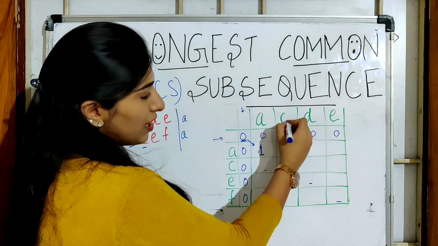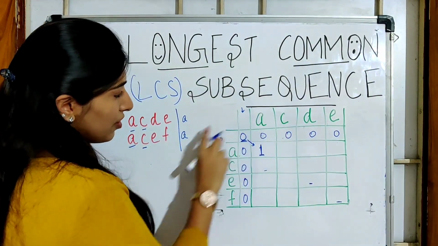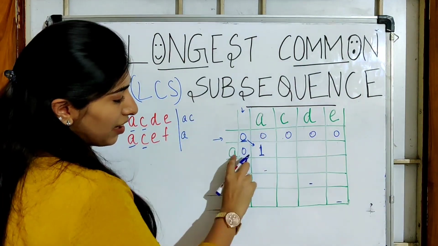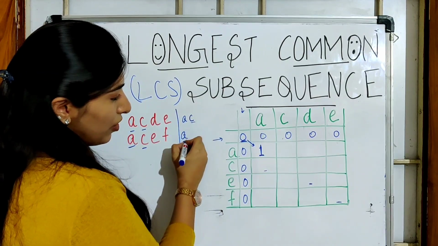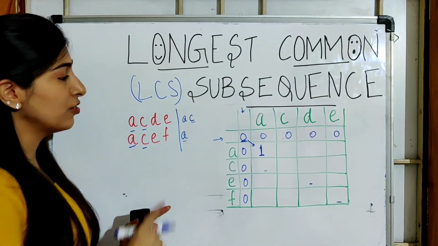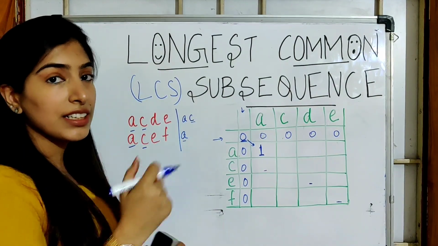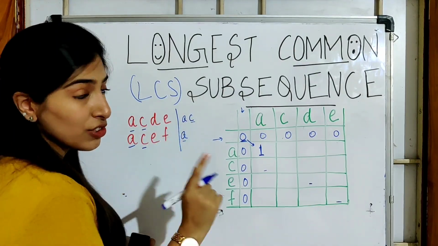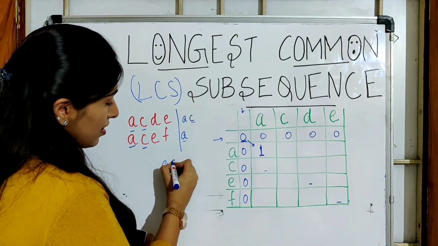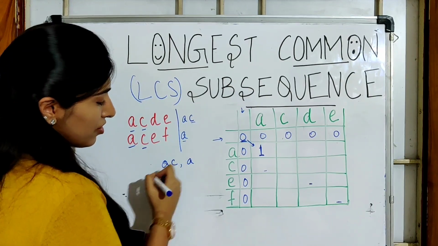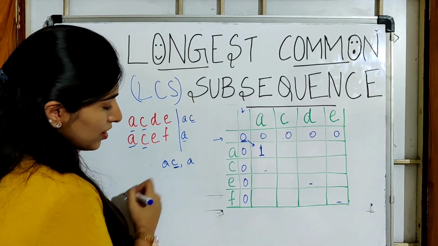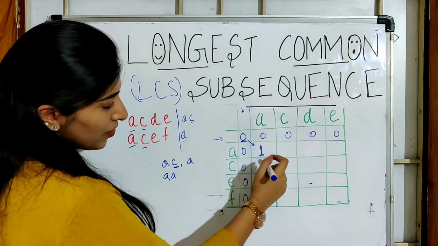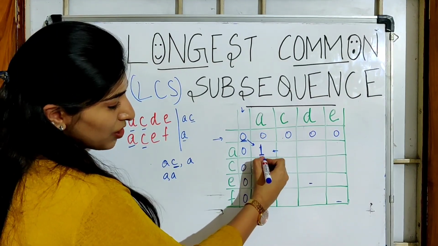Okay. Now let's add this C to the first string. Since C and A are not equal, we will try to include each of them and see which returns the maximum answer. What did we do? We divided this into subproblems. AC and A, we have to find the LCS of that. If we exclude this C, what will be A and A? The answer will be given by this box.